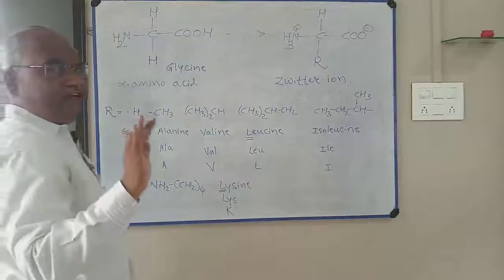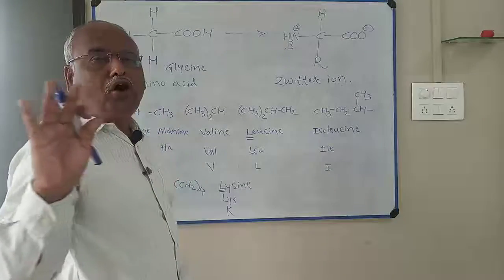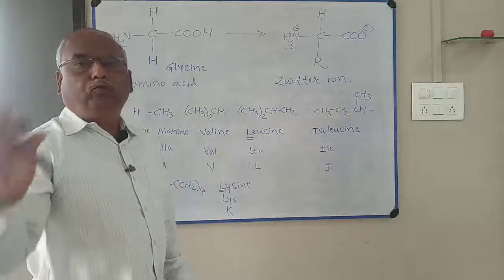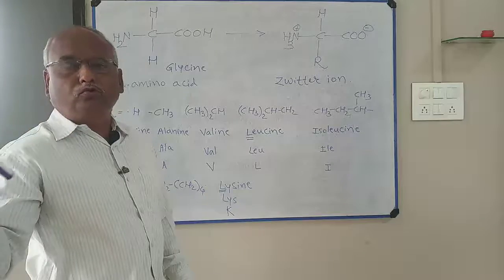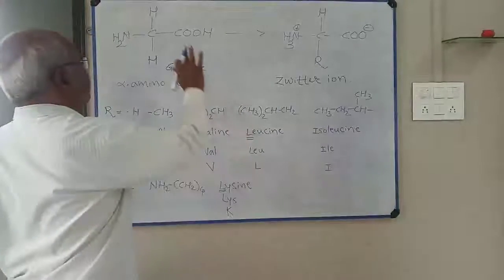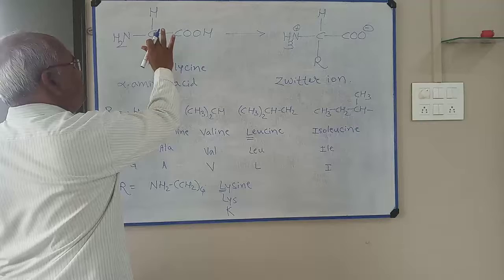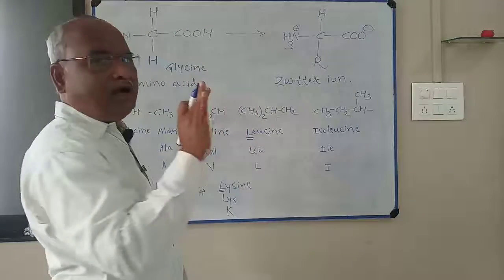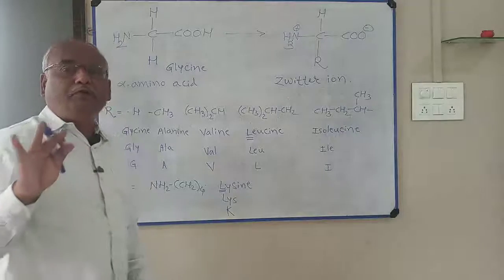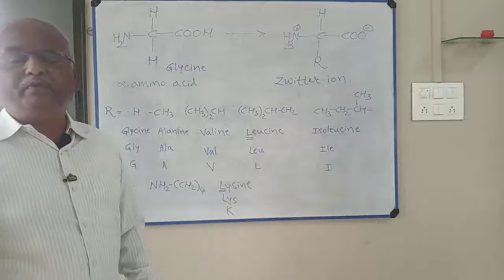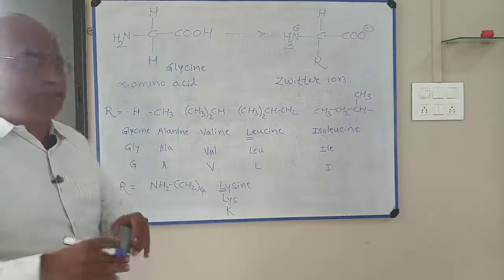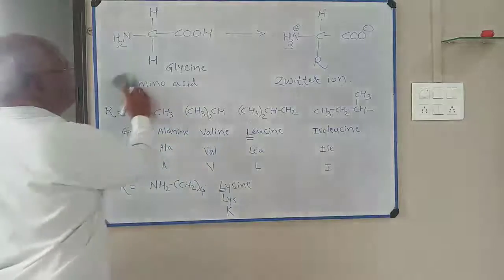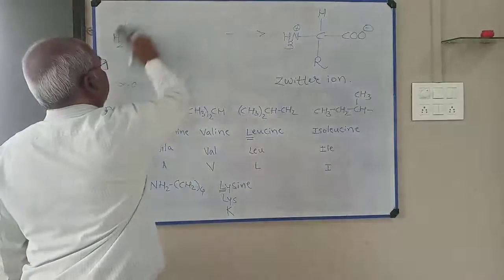In glycine carbon is not attached to 4 different atoms or groups, therefore glycine is optically inactive, whereas all alpha amino acids which are present in protein are optically active. So this is one important point.